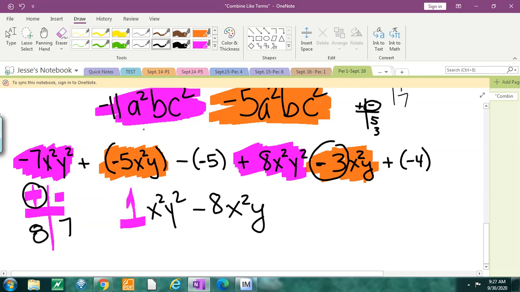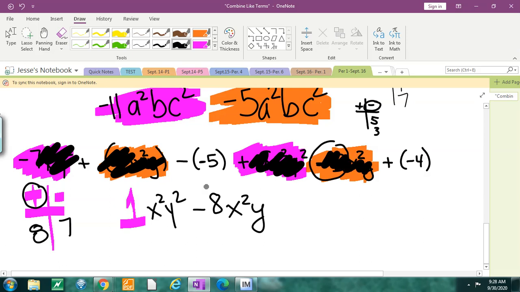All right, so we're done with that. So if I'm done, I could scribble it and say, all right, I'm done with that. Sometimes it's not good because you might make a mistake, but I want to see it so you guys can see it. So you see this one here? This is the negative. Remember what's a negative times a negative? Positive, right? This is the only one that ever changes.